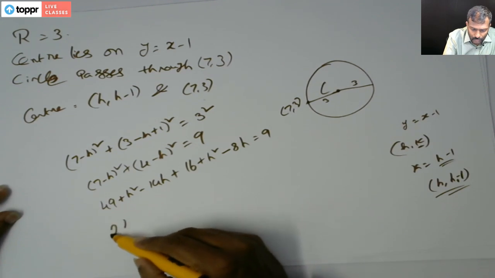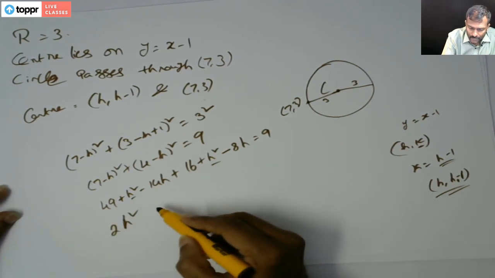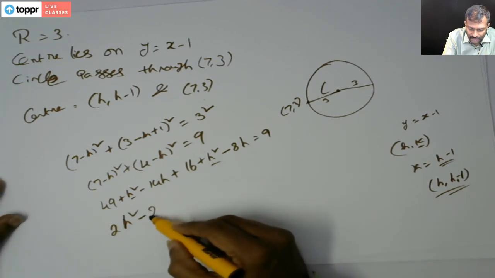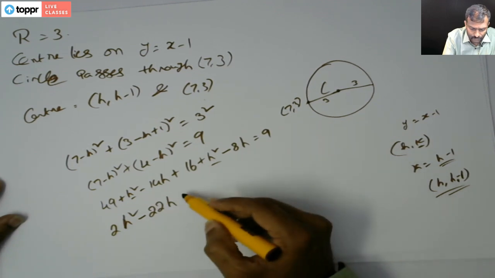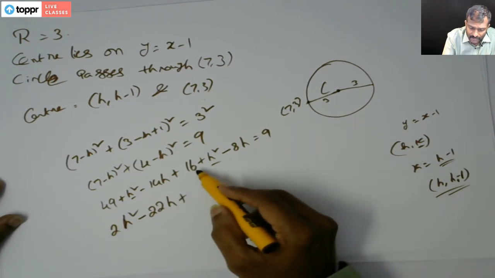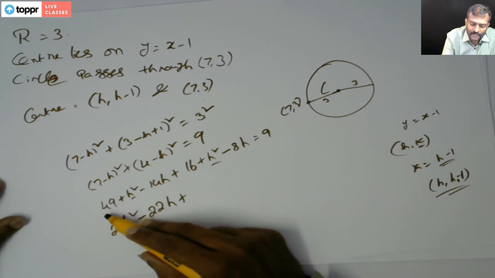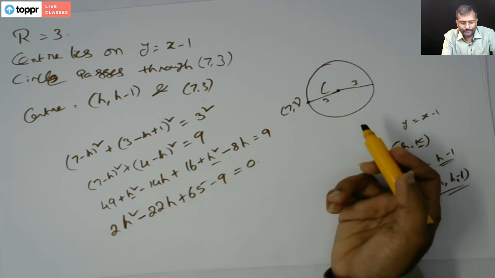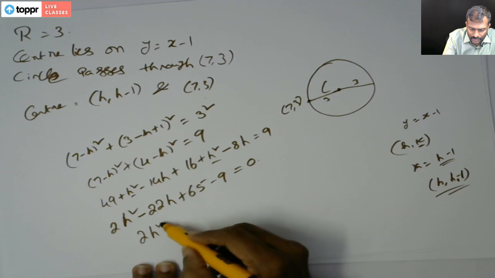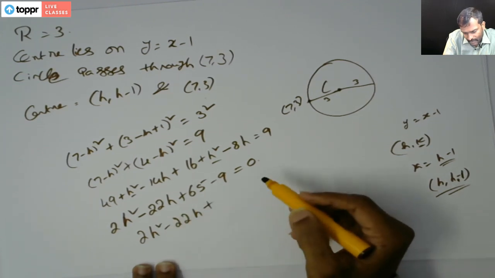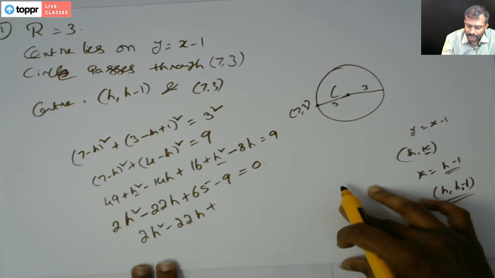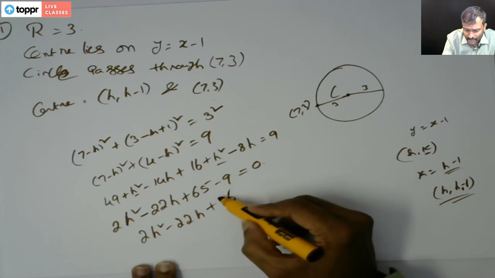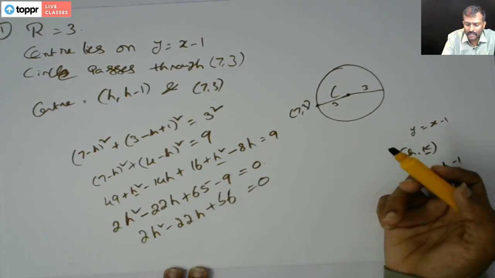So 2h square, minus 14h and 8h is minus 22h, then plus 49 plus 16 is 65, so 65 minus 9 equals 56, which is equal to 0.